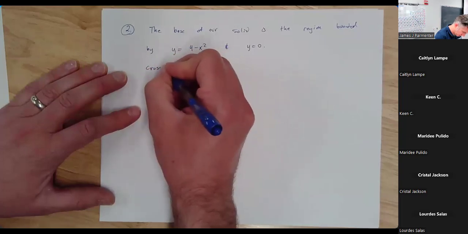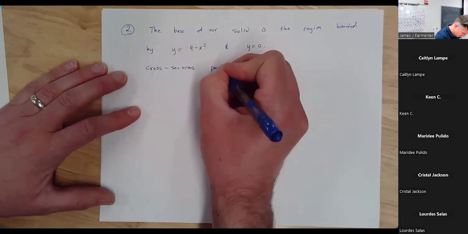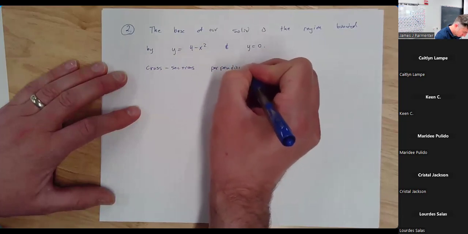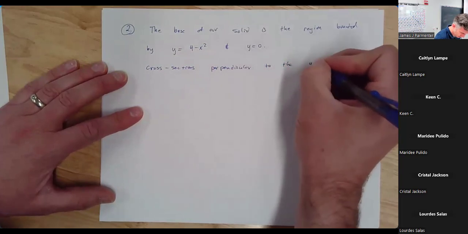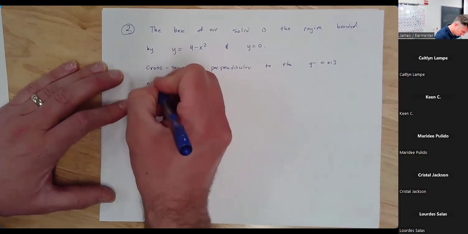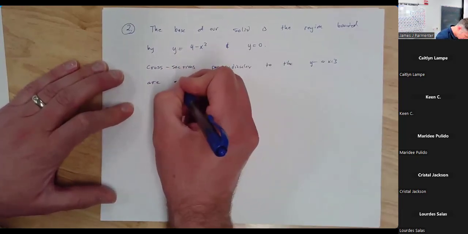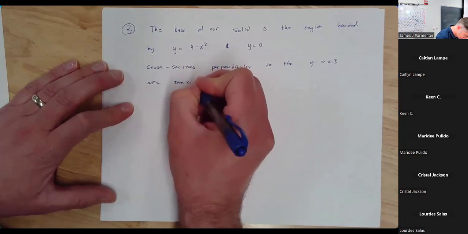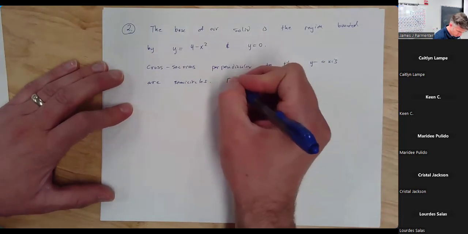Cross sections perpendicular to the y-axis are, let's go semicircles. Let's find the volume.